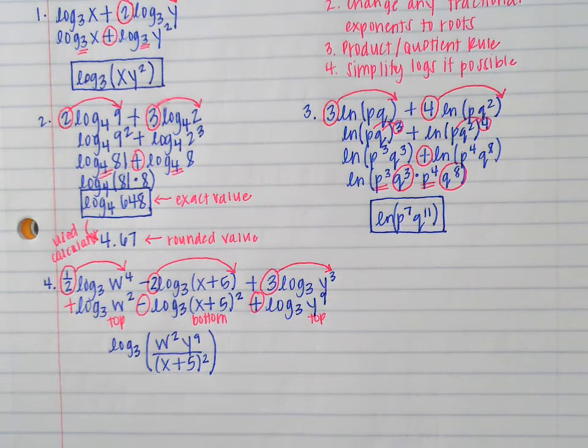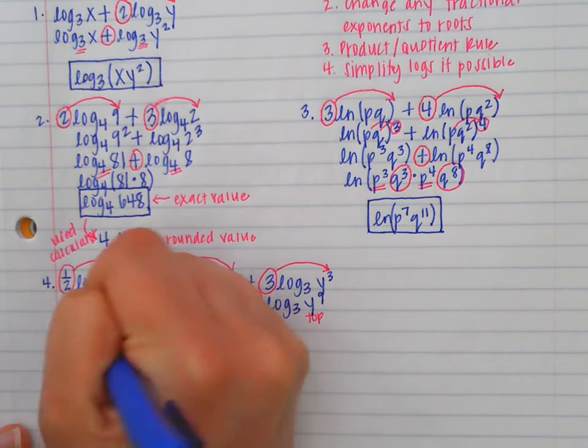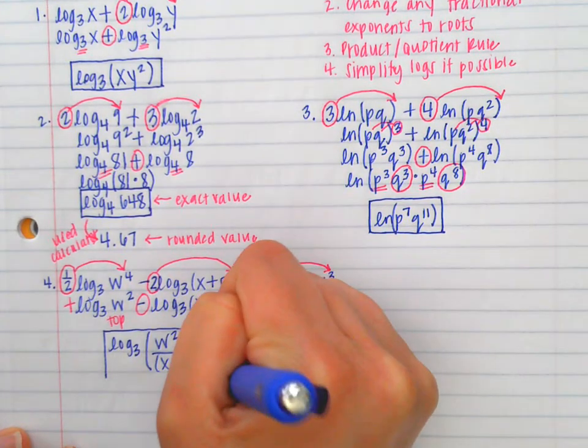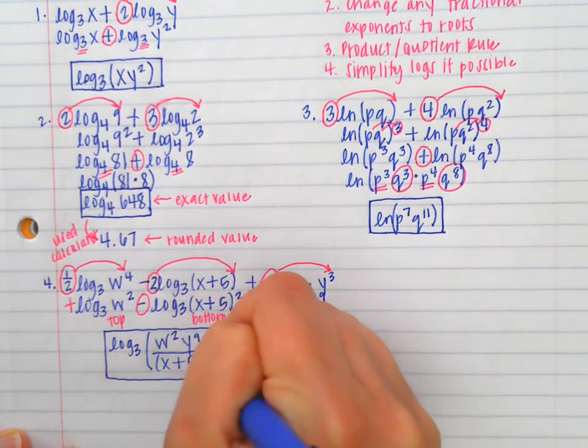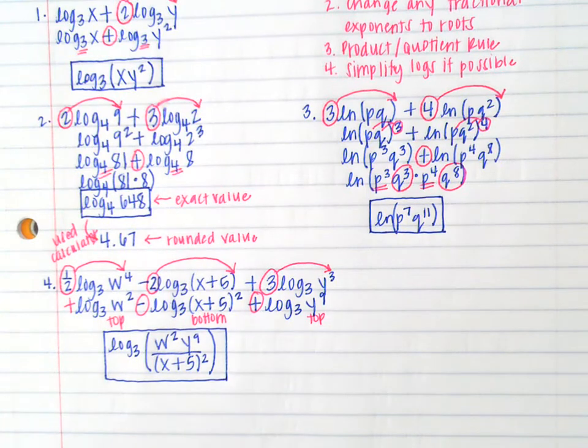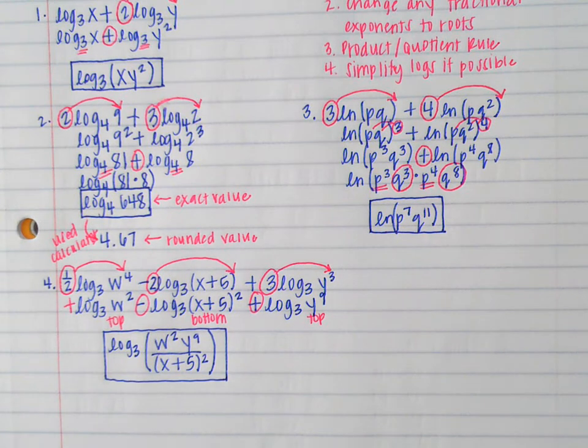Now, I would not multiply this out. There's no point. If you could factor something, I would probably factor it, but this is already factored, so I would leave it as that. And that is my answer, actually. And that is it.